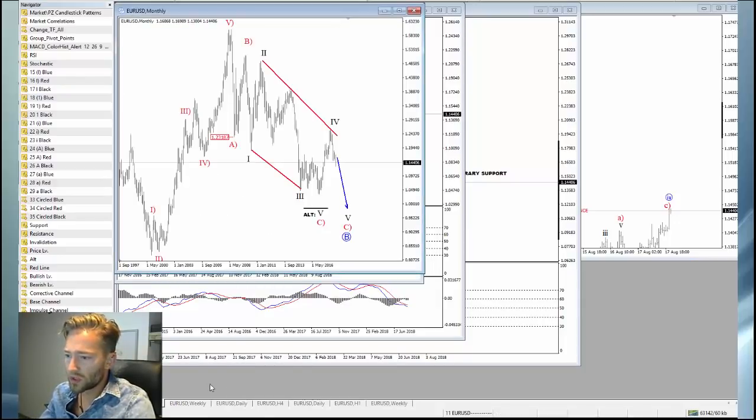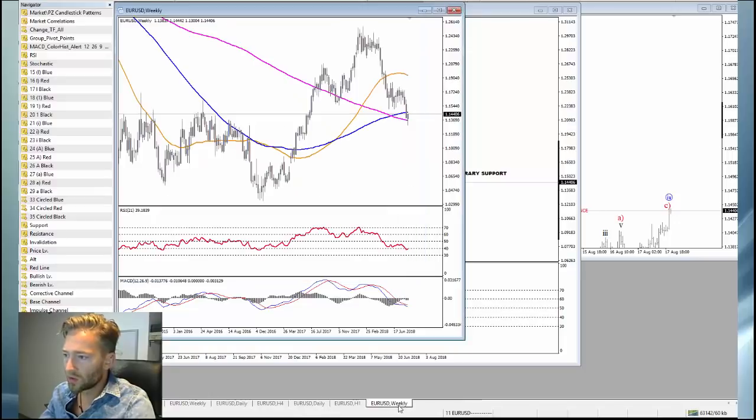And why you should also be very careful here: on a weekly candlestick chart, what I see is that price is sitting on or reversing from this 200 period moving average. After all, we have been retesting this old trend line, and also this is the 100 period moving average in blue.